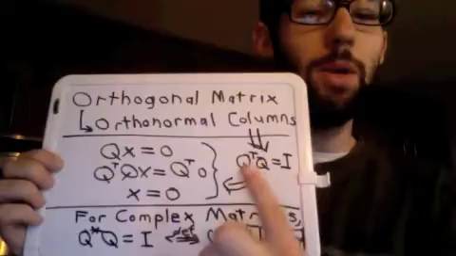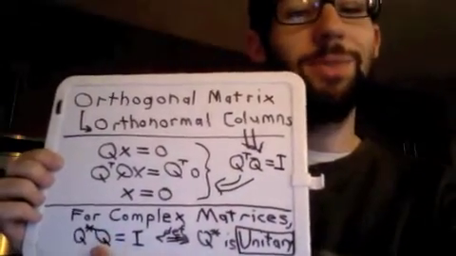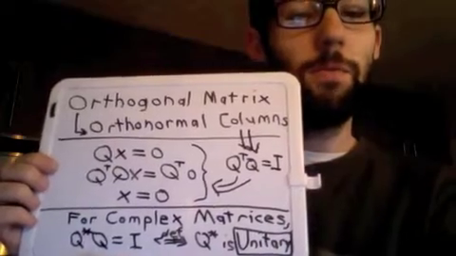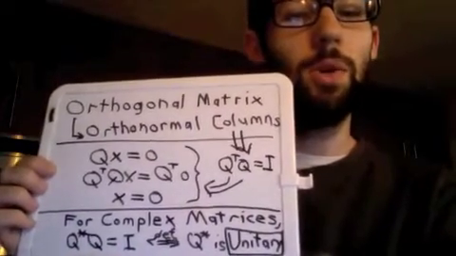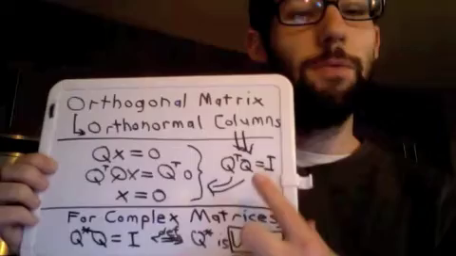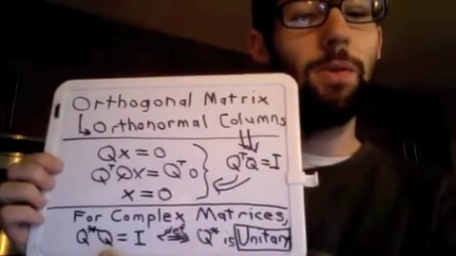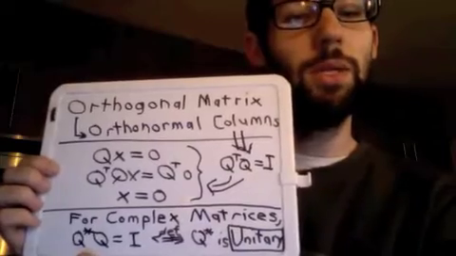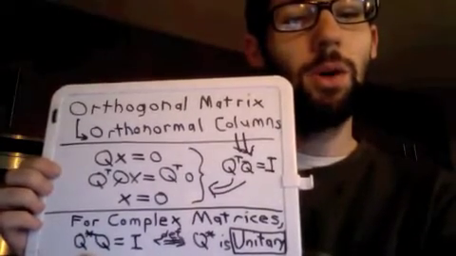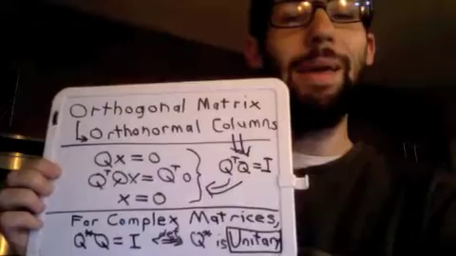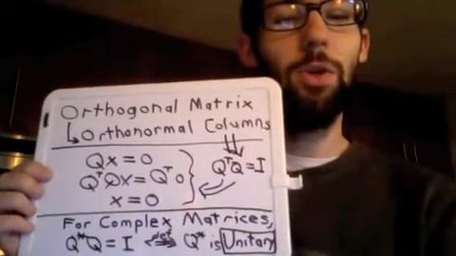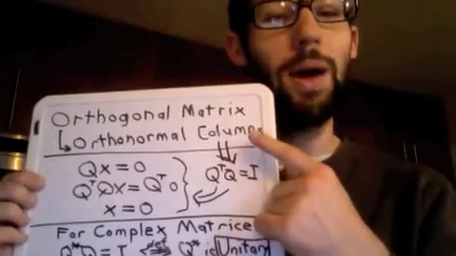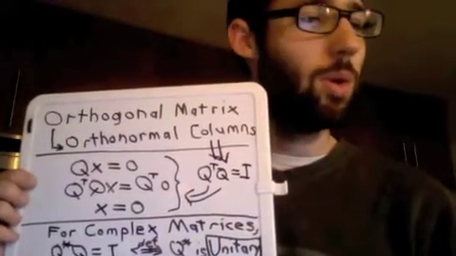And so this property translates to Q star Q equals the identity. If we have that property Q star Q equals identity, which is different because it's putting the bar over things, for complex matrices we call this a unitary matrix. And so there's a whole analogous theory for unitary matrices in the complex world as we have for the orthogonal matrices in the real world.